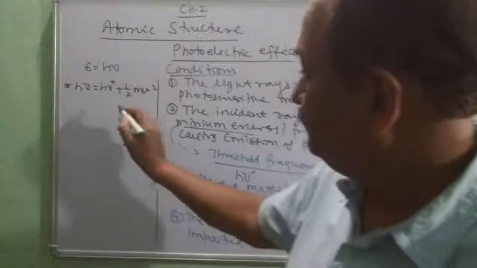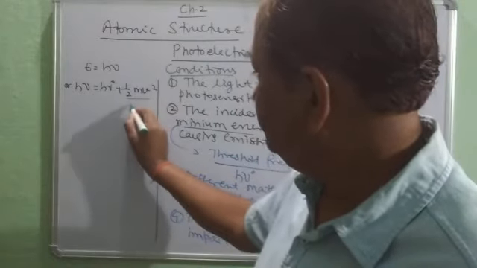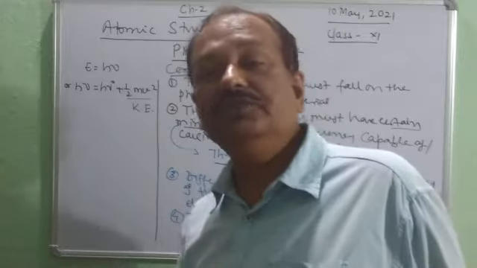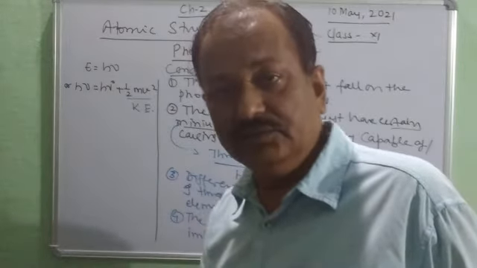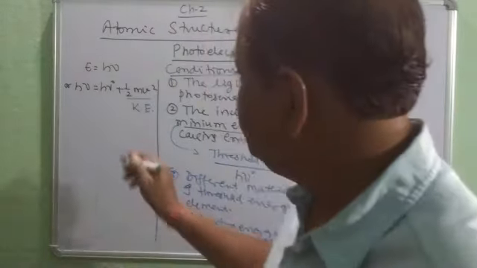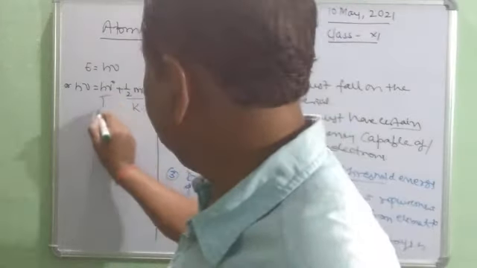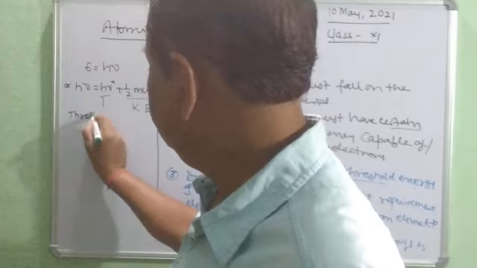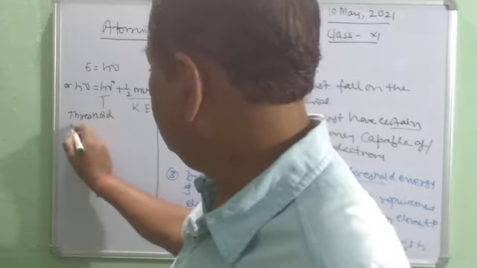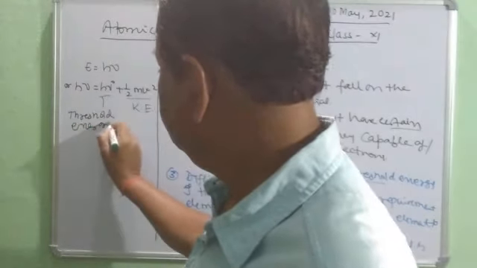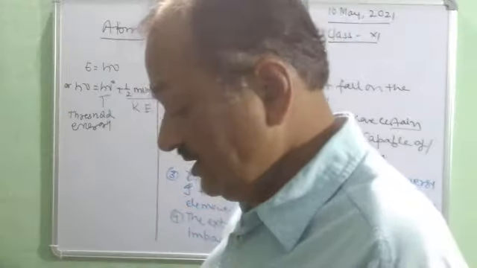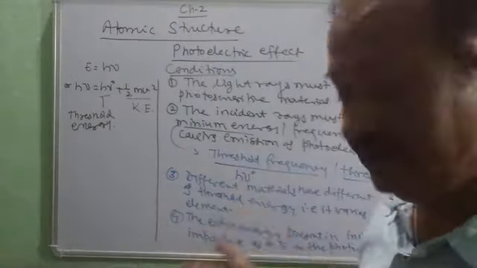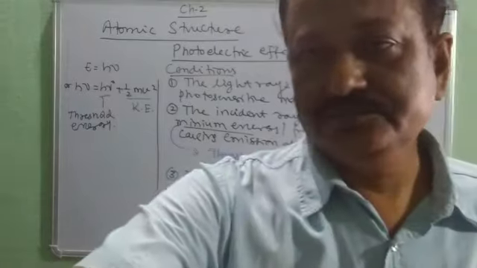It means this is kinetic energy. It will be used in imparting energy to the photoelectrons, and h nu naught is called as threshold energy.